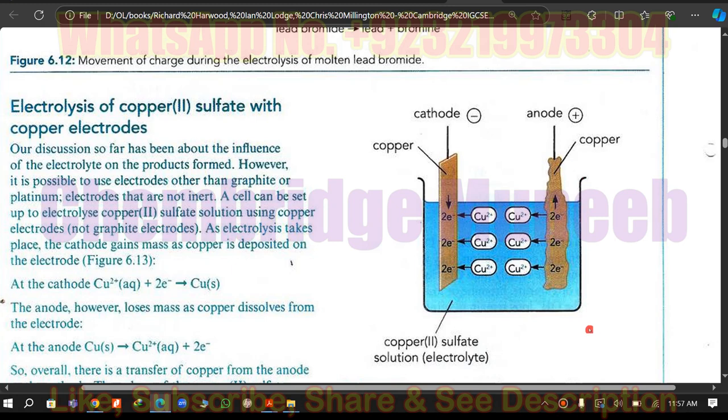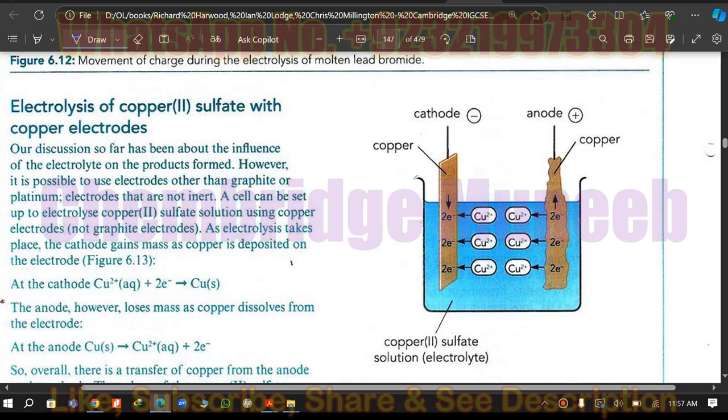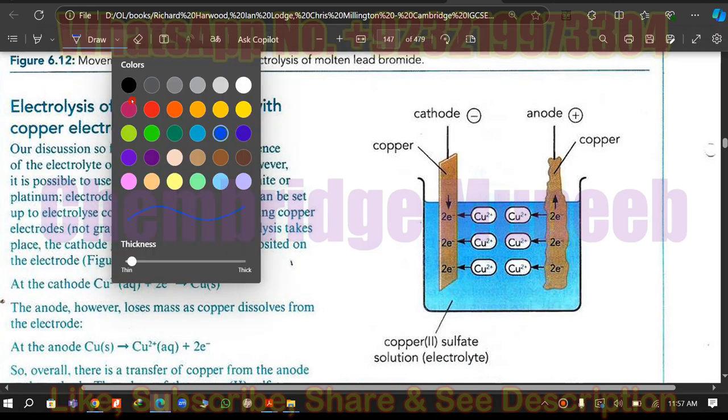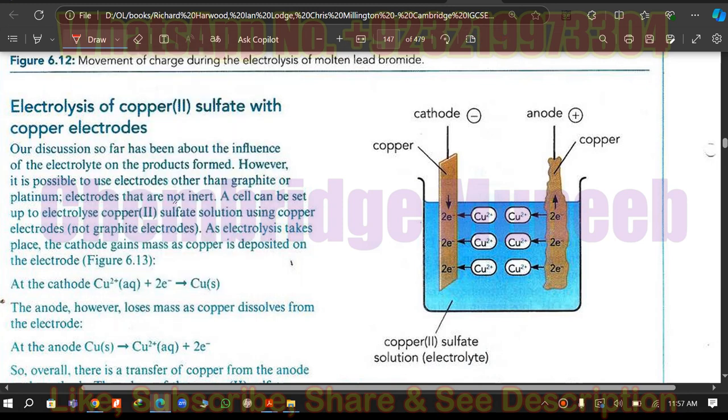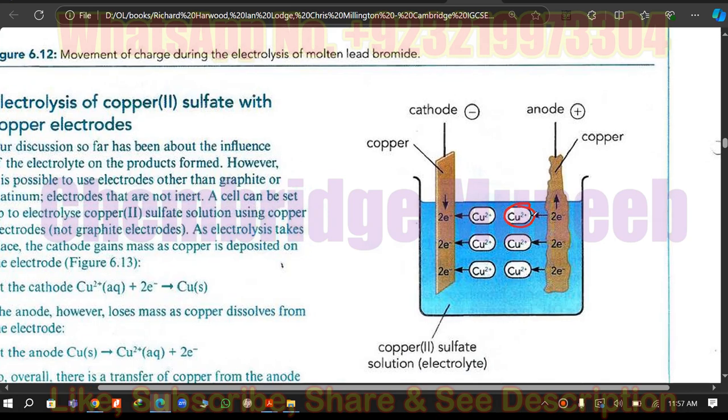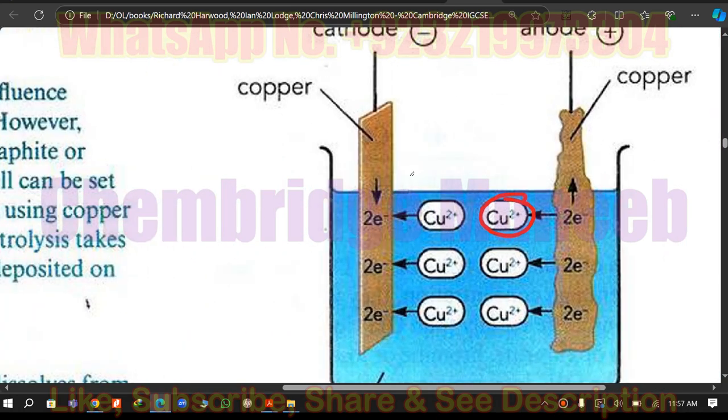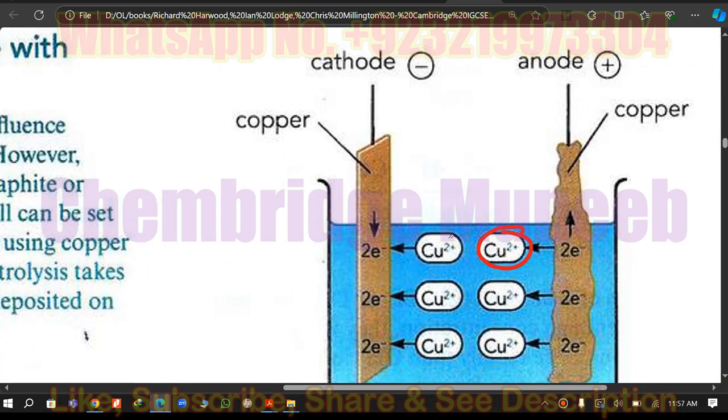In this diagram from the book, you can see the electrolysis of copper sulfate, and at the anode the copper 2 plus ions, cations, are produced, and on the other hand, at the copper cathode the copper ions are being attracted.